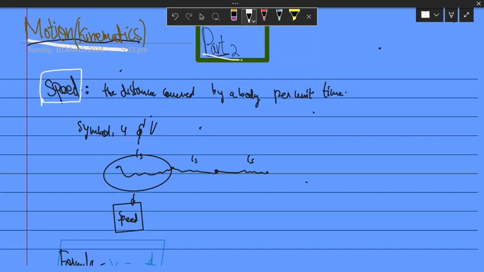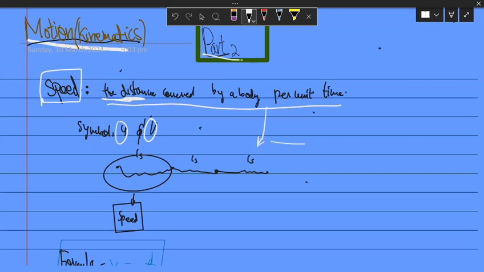So what is speed? Speed is basically the distance covered by a body per unit time. Its symbol is u, and sometimes it's called u. As the definition says, it is the distance covered by a body per unit time.